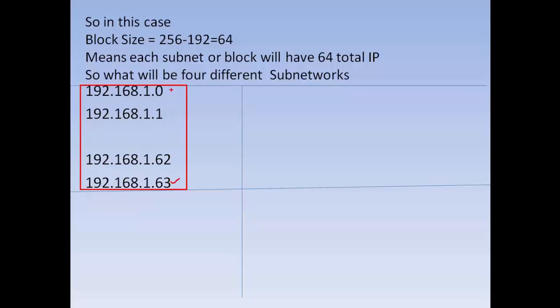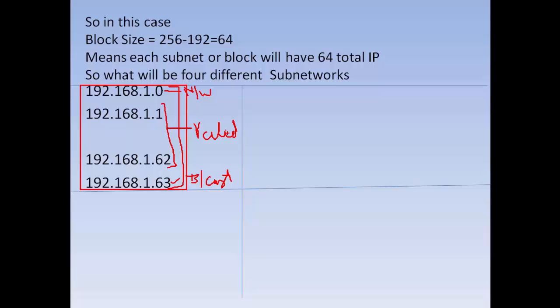It will be a total of 64 IPs here. This will be the network ID of this particular block, and this will be the broadcast IP of this particular block. Sorry, my writing is again very poor. And these are the valid IPs.